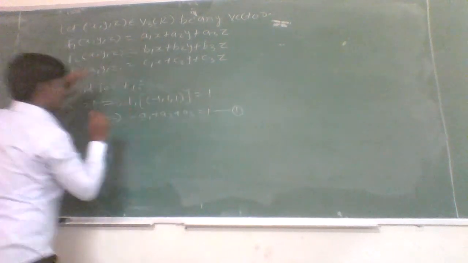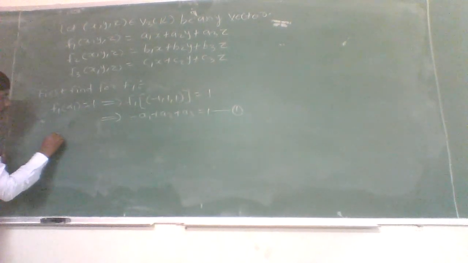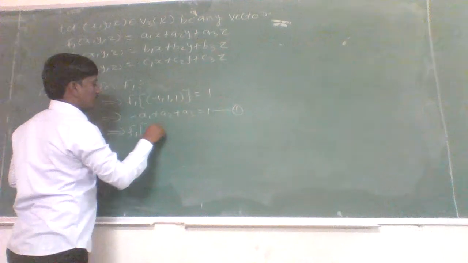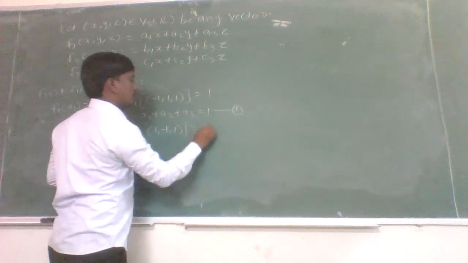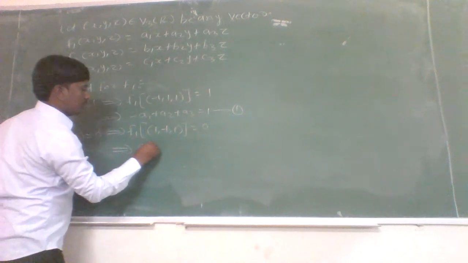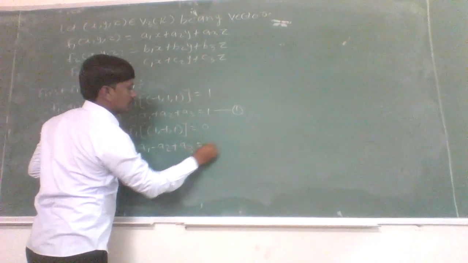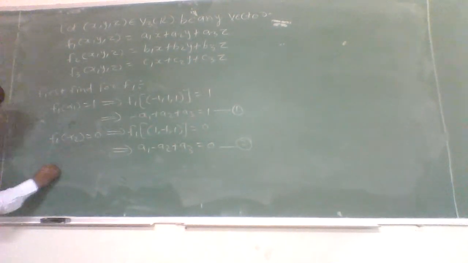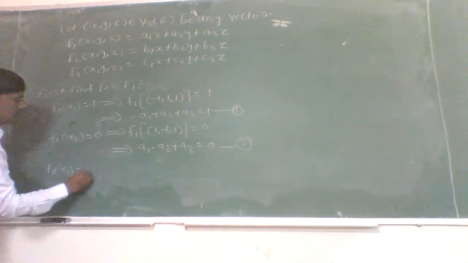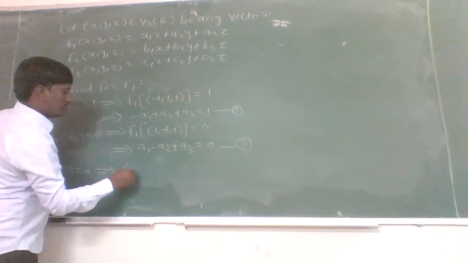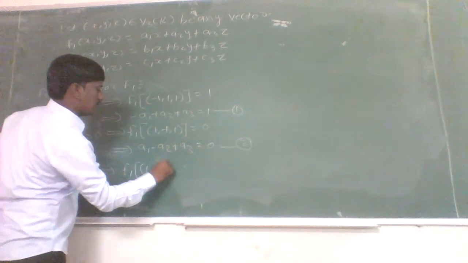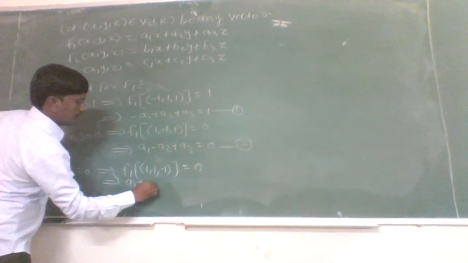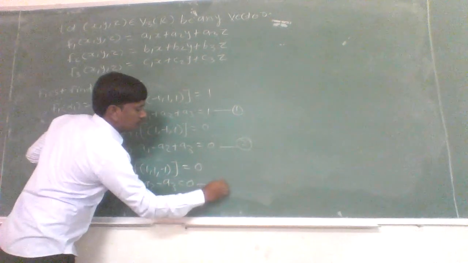This one is the first equation. And f1 of alpha 2 is equal to 0, which implies f1 of (1, -1, 1) equal to 0, which implies a1 minus a2 plus a3 is equal to 0. And this one is the second equation. And the third one is f1 of alpha 3 equal to 0, which implies f1 of (1, 1, -1) equal to 0, that is, a1 plus a2 minus a3 is equal to 0.